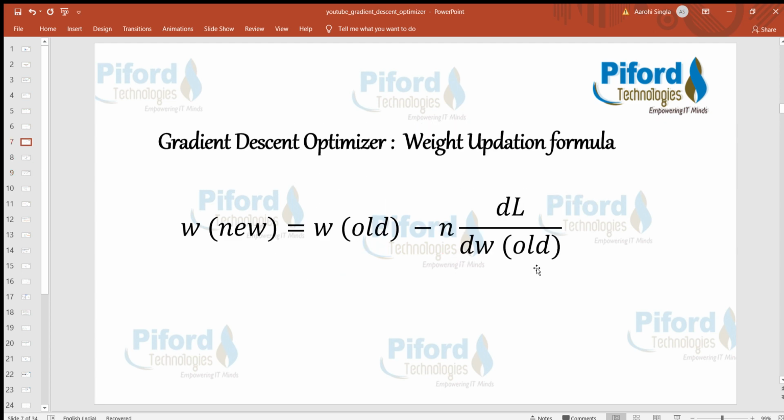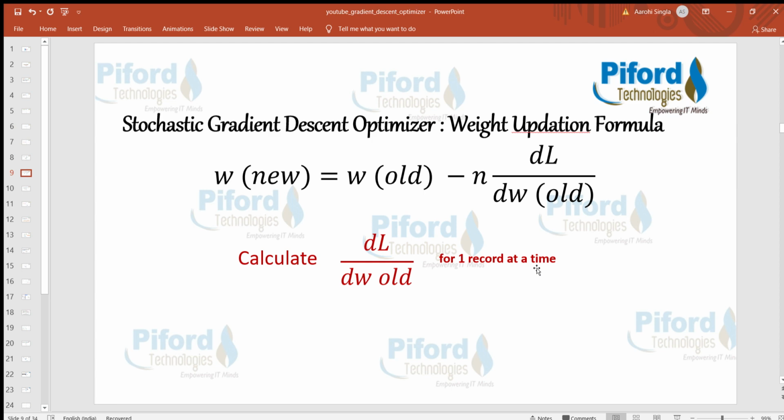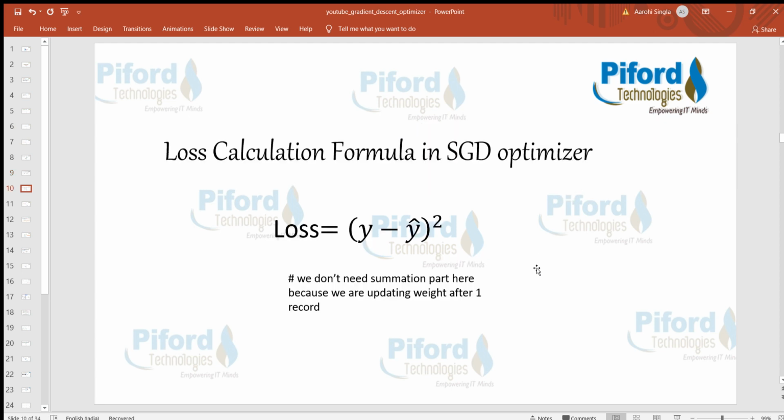Now, as I've just shown you, this is the formula for loss calculation if you're using the gradient descent optimizer. Then what is the formula for loss calculation of the stochastic gradient descent optimizer if we are using a single record? The only difference is that we are not using the summation part, because we are working on only a single record. So that means (actual y minus predicted y) whole square.